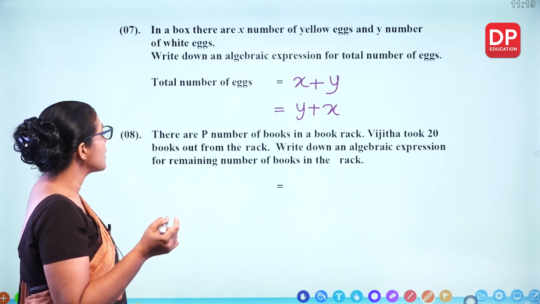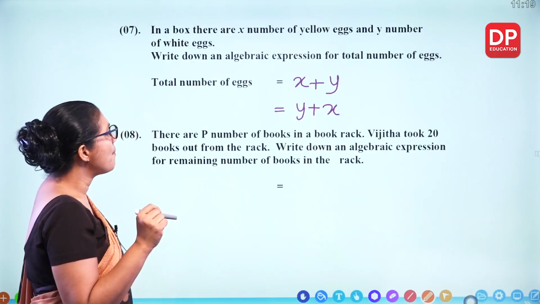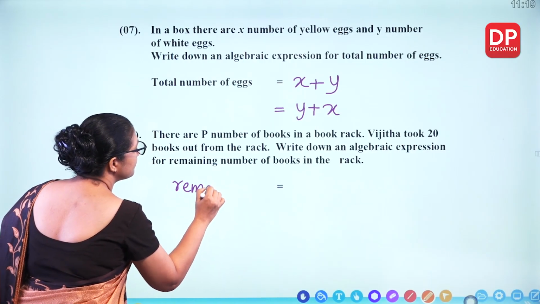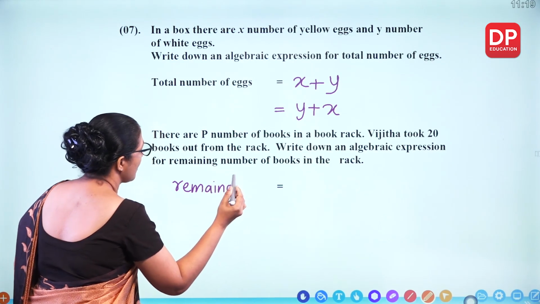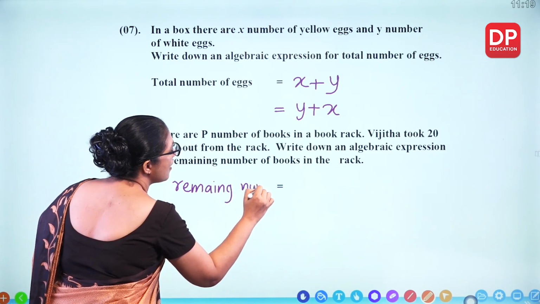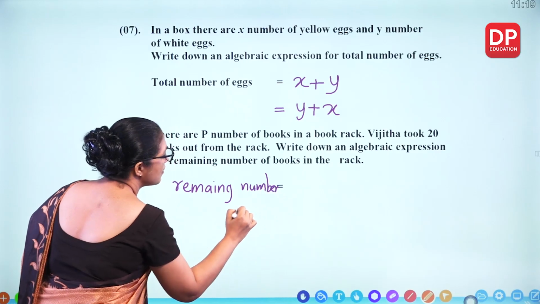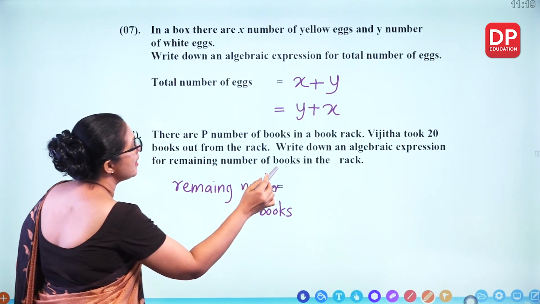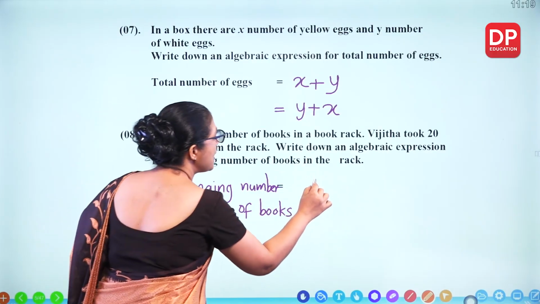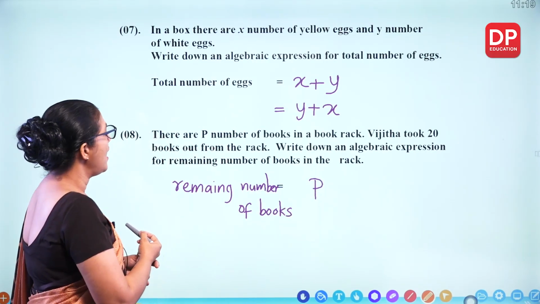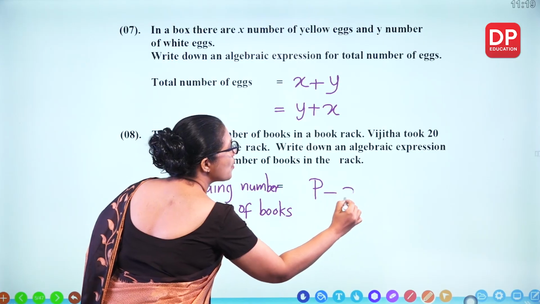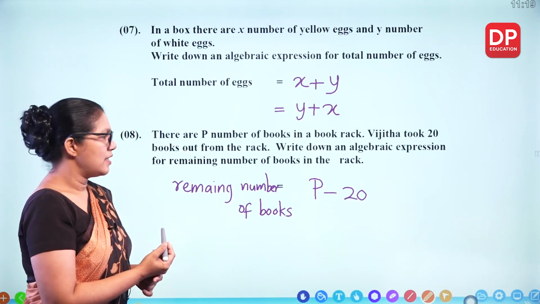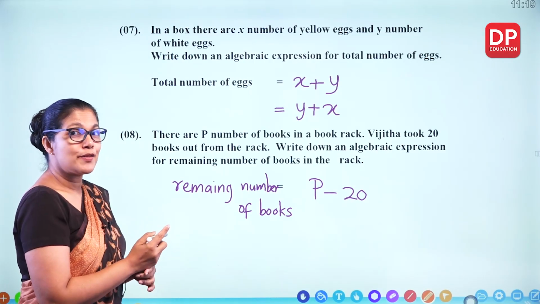Write down an algebraic expression for the remaining number of books in the rack. So the remaining number of books is, altogether P number of books were there, and Vijita took 20 out of that, and the remaining is P minus 20. You can't write 20 minus P, that's wrong.